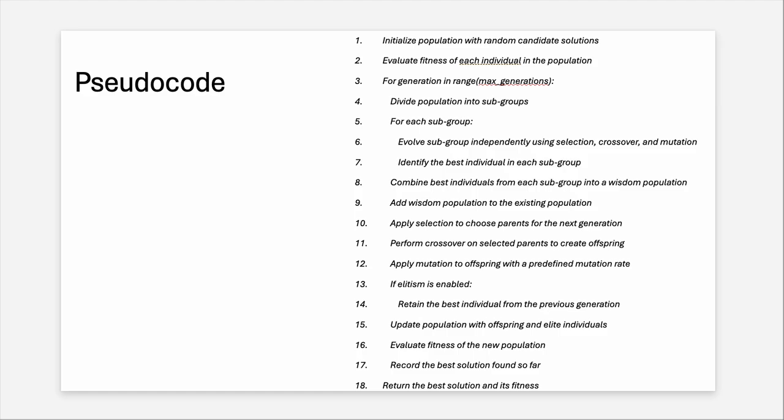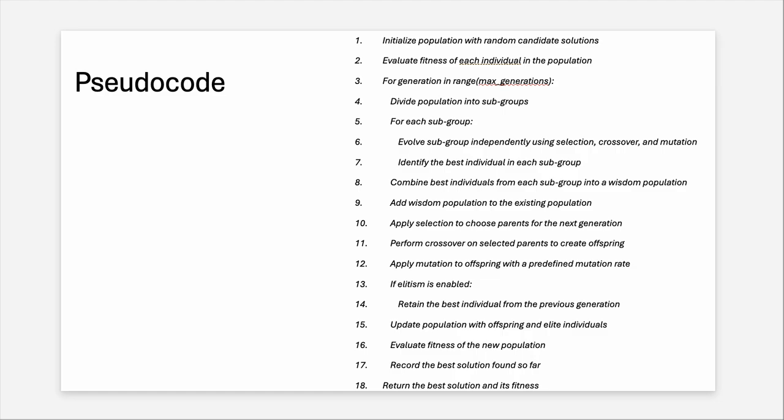To better understand how the GAWAC operates, here is a breakdown of the pseudocode. The process begins by initializing a population of random solutions and evaluating their fitness. Each generation involves evolving the population independently in subgroups, using crossover to combine parent solutions and mutation to introduce variations.